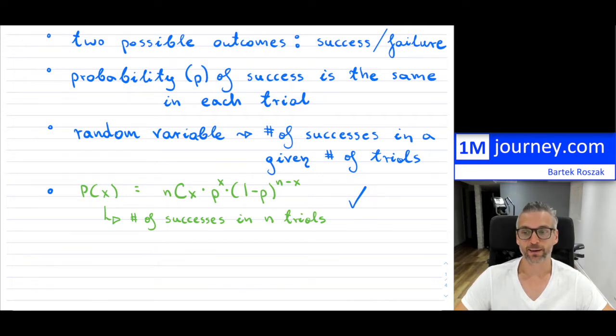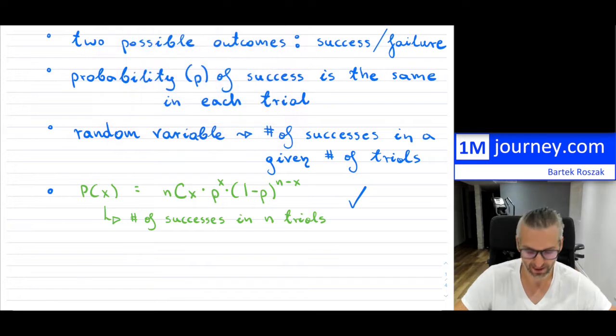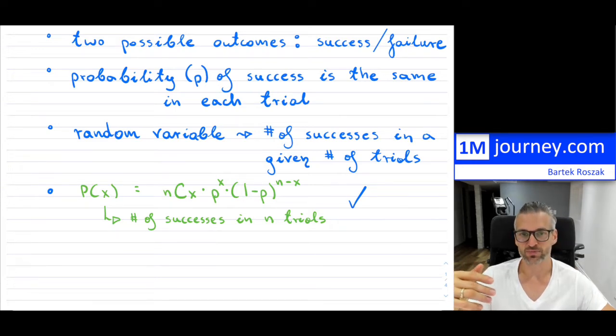So let's take a look at this flipping of the coin, and then I hope that it will make a little bit more sense to you. And then what is that binomial distribution? Now, the word binomial, so bi just means 2, is because we only have a success and a failure. Those are the only 2 possible outcomes for us.